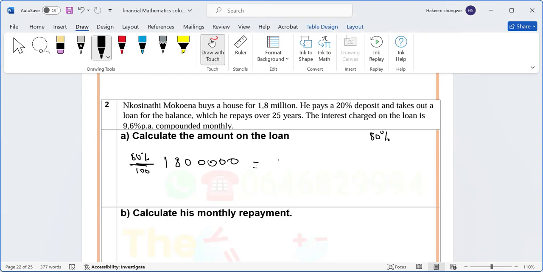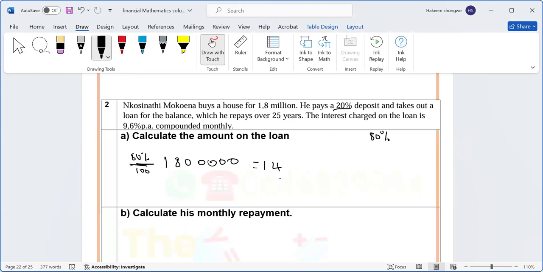What is going to be the balance? Not 360, it can't be. It's 1.44. When you went directly, I said we can do it both ways. There's a way whereby I'm just saying the balance is 80% because we are paying 20%, so I'm going directly to the answer.